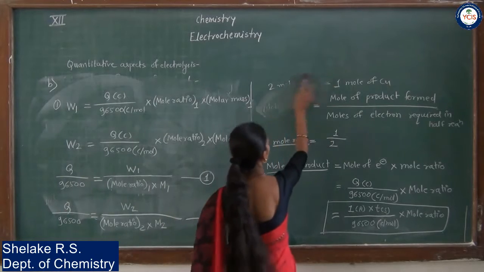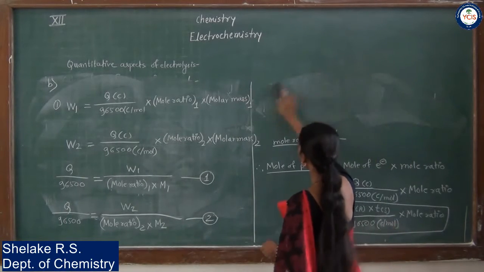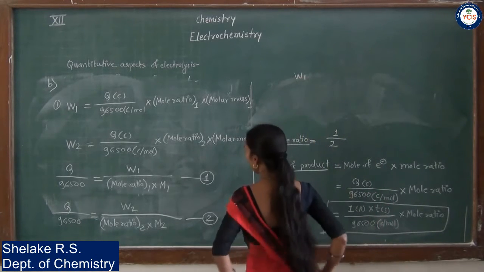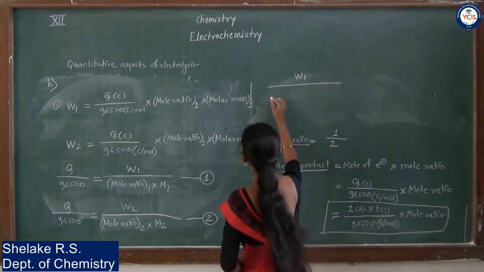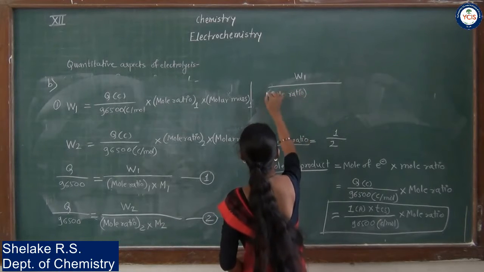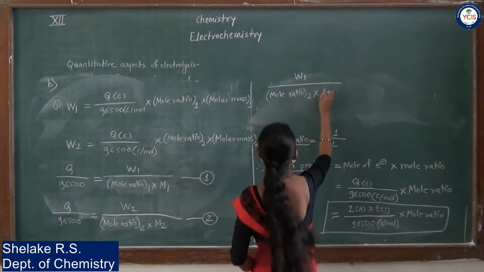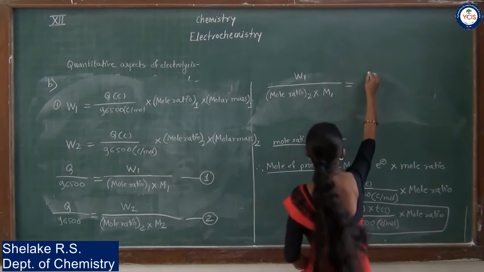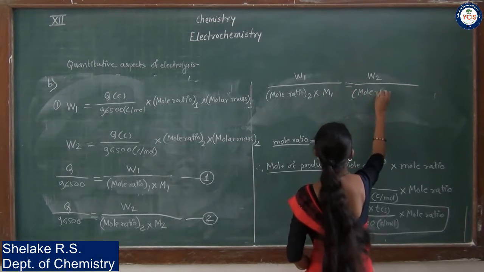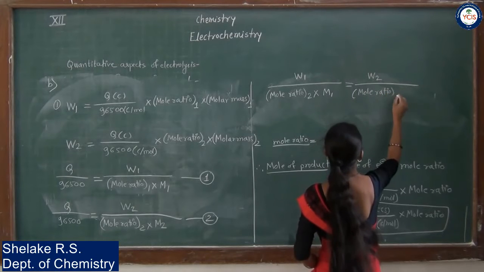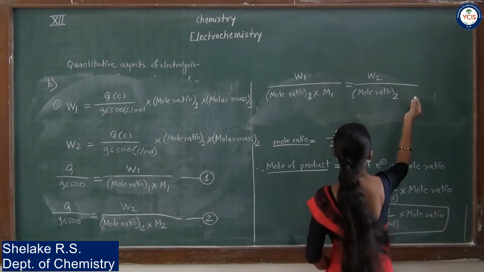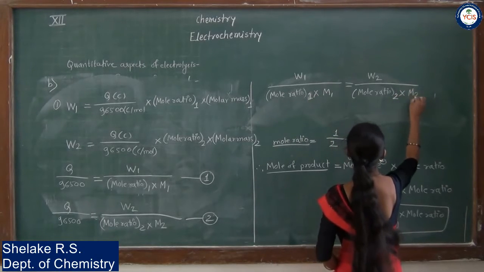Now from equation number 1 and 2, the left side is the same. You can write W1 divided by molar ratio into M1 is equal to W2 divided by molar ratio of a product into M2.